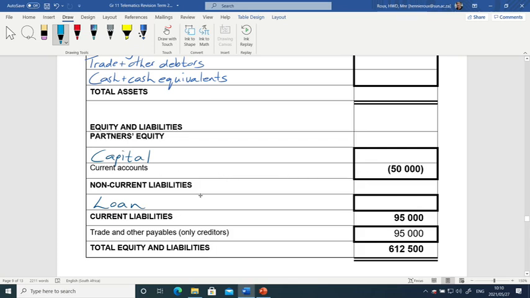Non-current liabilities will be your loan. Current liabilities already given, creditors, and they gave you the total equity and liabilities. So obviously the first thing we can do, we know total equity and liabilities must be equal to total assets.